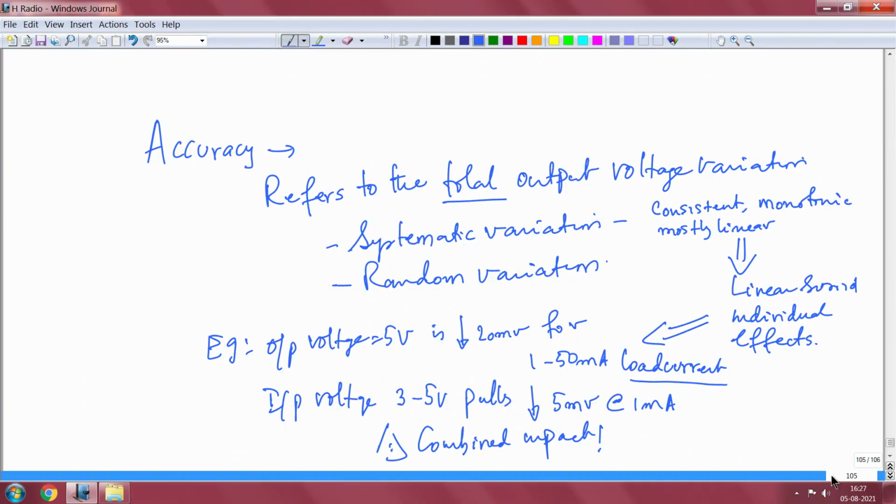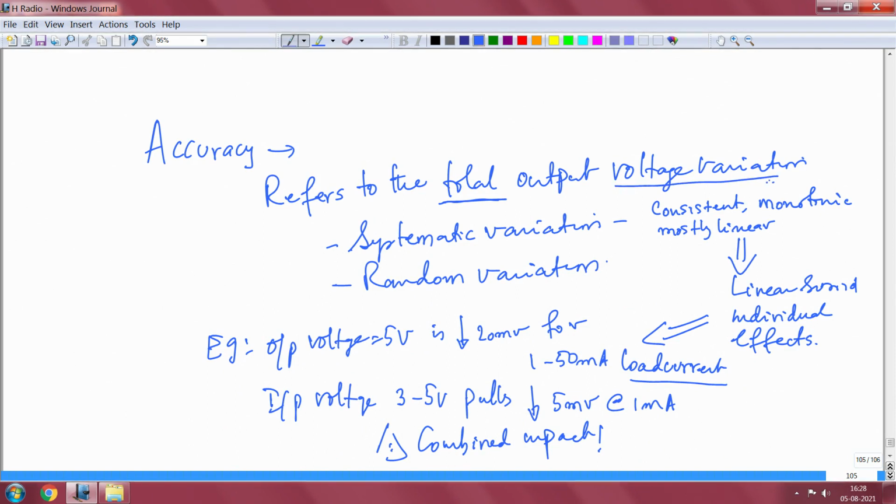In the data sheet there was one more parameter related to the accuracy. You have to understand this very well folks. It actually refers to, I have written this down so that I can show you, what I have underlined is very important, the total output voltage variation. It is the total one.